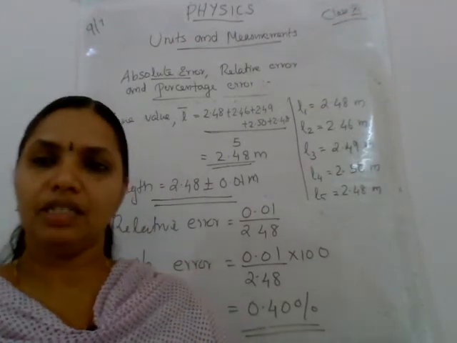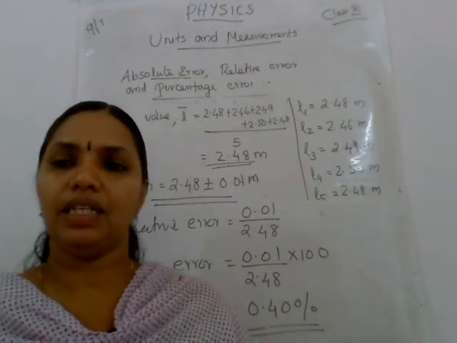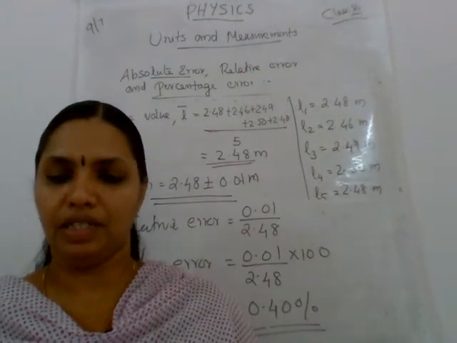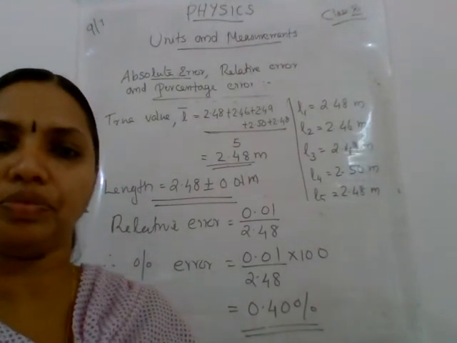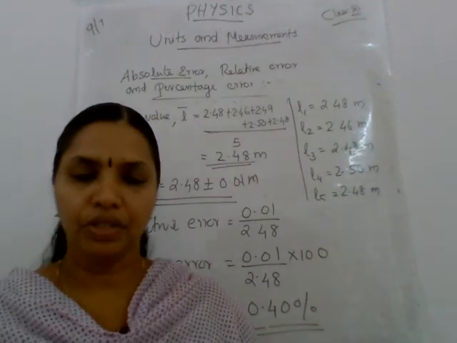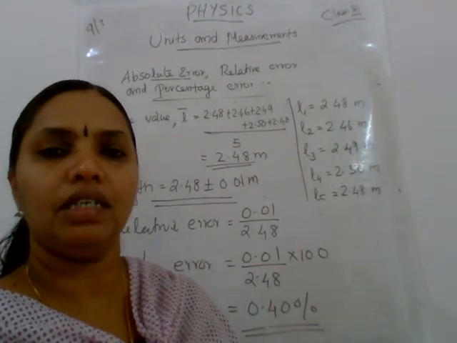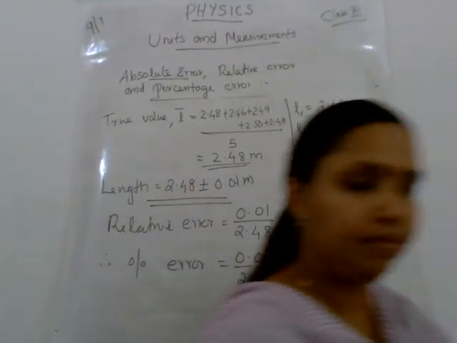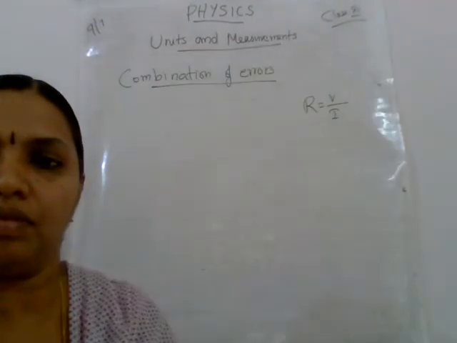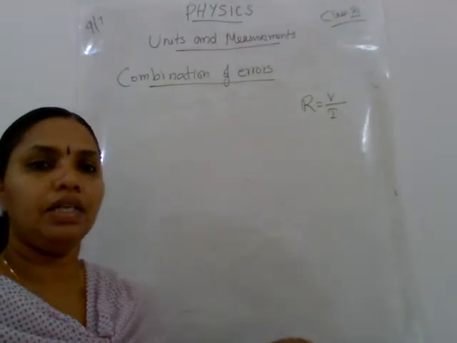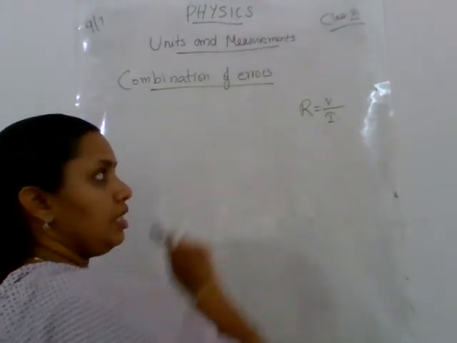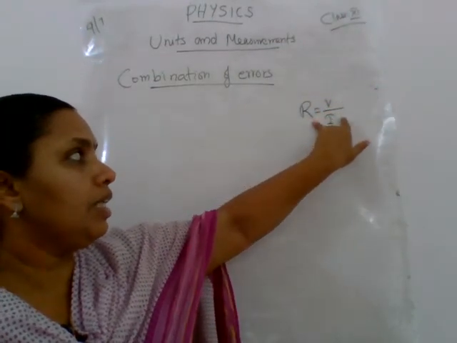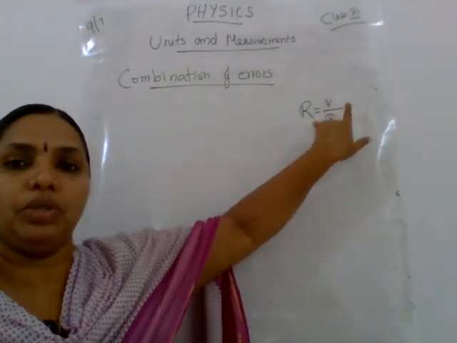Okay, next we go to the combination of errors. Here we are measuring two physical quantities. For example, the last example, that is resistance. We get resistance by dividing the voltmeter reading by the ammeter reading, that is voltage and current.